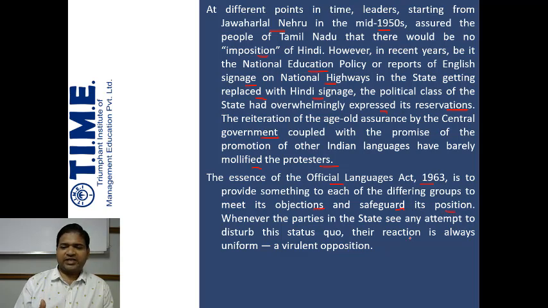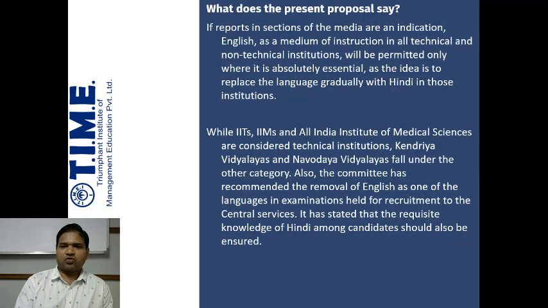When the parties in the state see any attempt to disturb the status quo, their reaction is always uniform: a violent and angry, a virulent opposition. So, the aim of the Official Languages Act was that everybody should have equal representation. People of the different groups should meet their objectives, safeguard their positions. But whenever there is any attempt of, say, Hindi imposition or anything that disturbs this status quo, of course, there are angry agitations, there are violent agitations to maintain the status quo.